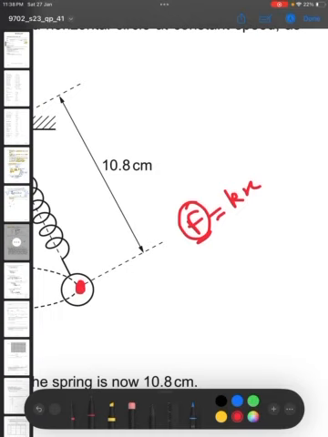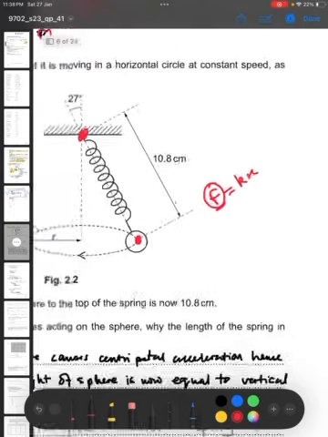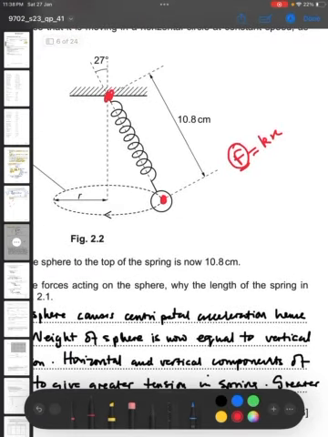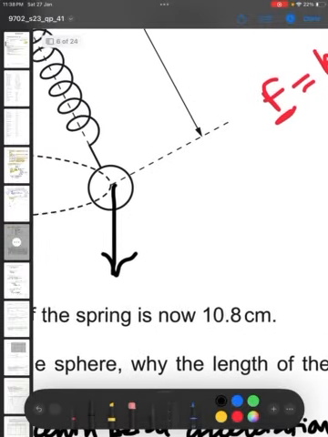So we have to account for where those forces are coming from. Seeing as we still have the same mass, the same sphere, whose weight is going downwards, where are we now getting the additional forces such that in the spring there is now more force, seeing as there is now more extension?